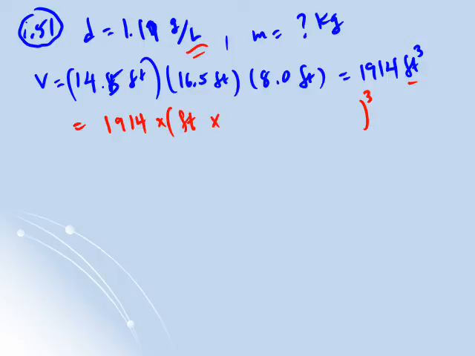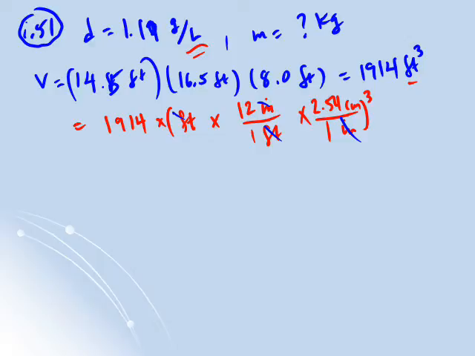So 12 inch make 1 foot. That way foot would cancel out. I get inch, and cube is going to take care of inch cubed, but I need to go one more step because I need to get centimeter. 2.54 centimeter makes an inch. Now you can see these units would cancel out, foot would cancel out, inch would cancel out. Now we're going to get centimeter cube.